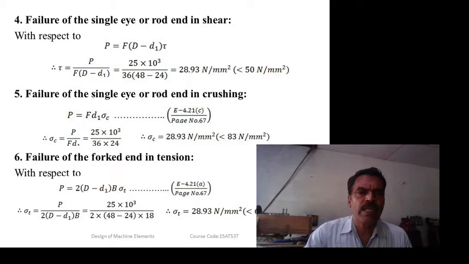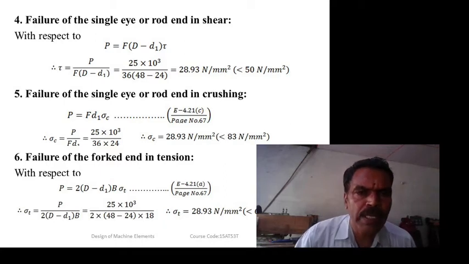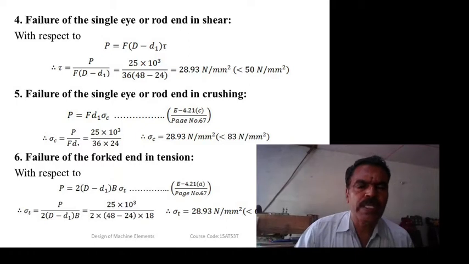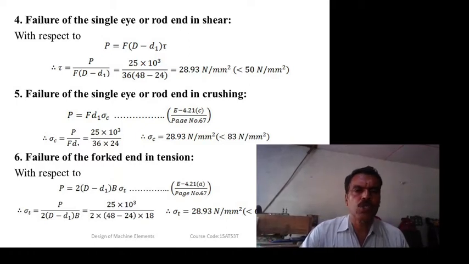Therefore the area of the single eye, that is F, same formula, but instead of sigma t I am going to apply shear stress, that is tau. Therefore tau is going to be calculated. Tau has to be taken outside. Therefore tau is equal to P divided by area of this single eye.